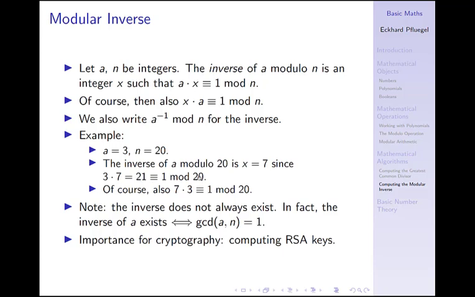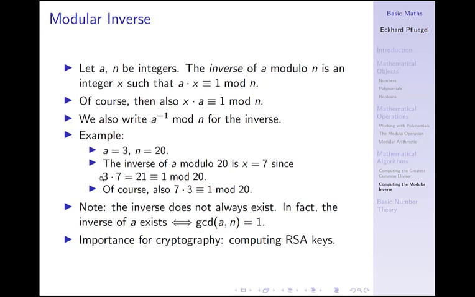Oh, hang on, so that is 1 mod 20, which is exactly what we wanted based on the definition of the modular inverse. So clearly 7 is the modular inverse of 3 mod 20. And then of course the other way around, the modular inverse of 7 mod 20 would be 3.